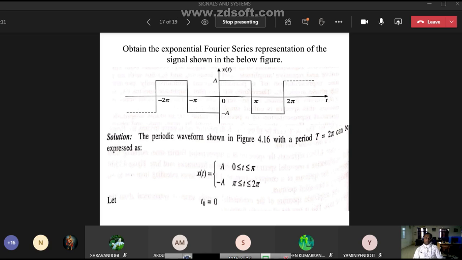Omega naught is the fundamental frequency. So omega naught is equal to 2 pi by capital T. The period is also 2 pi, so 2 pi divided by 2 pi is equal to 1. Therefore the fundamental period is 2 pi and the fundamental frequency is 1 radian per second.